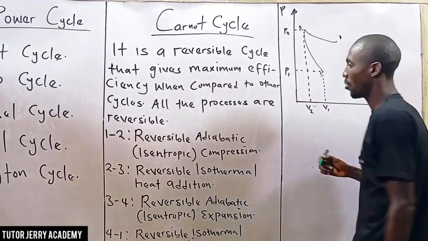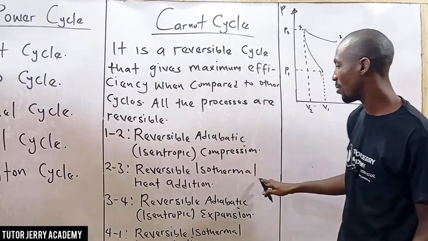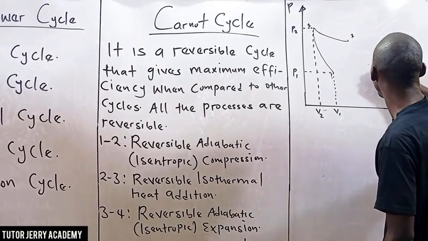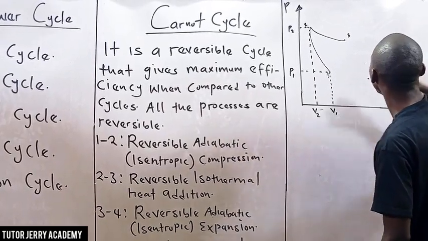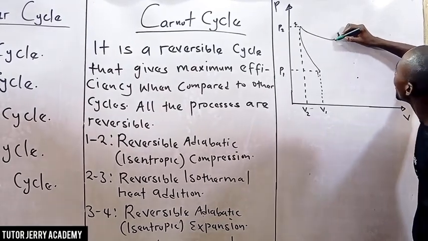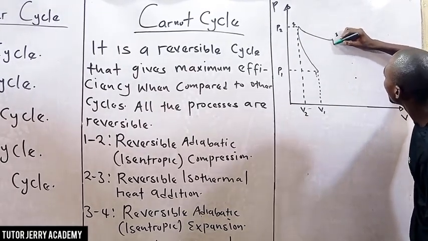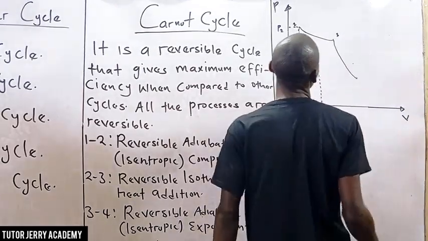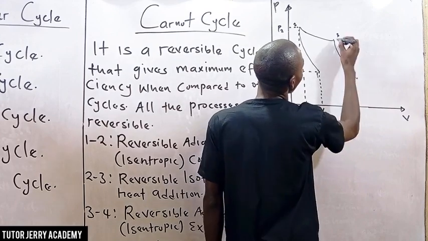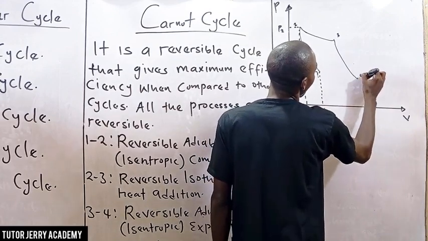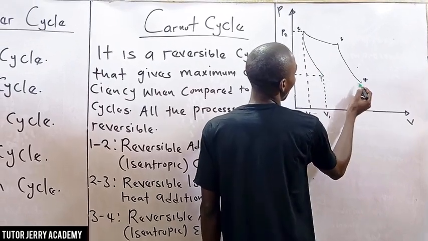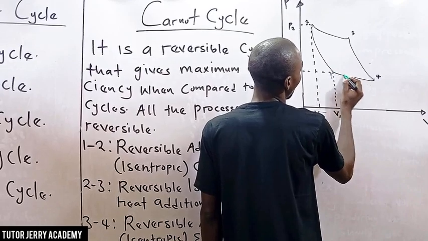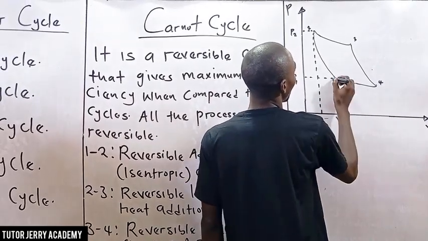For 2 to 3, we have reversible isothermal heat addition. Last one, we are going to do another parallel line. From here, we are going to have 3 to 4, and then 4 to 1. 4 to 1 will be like this.